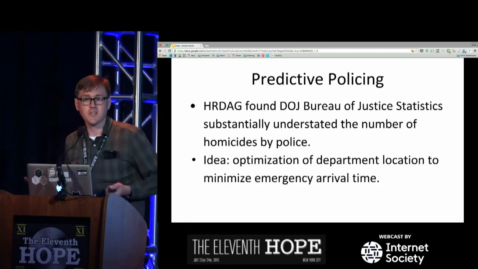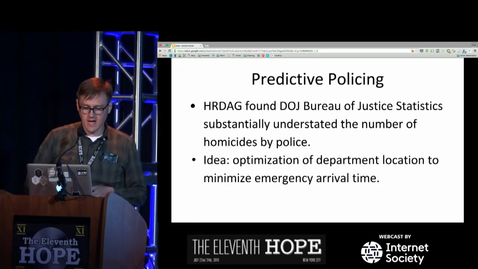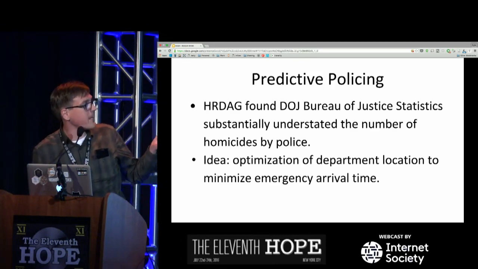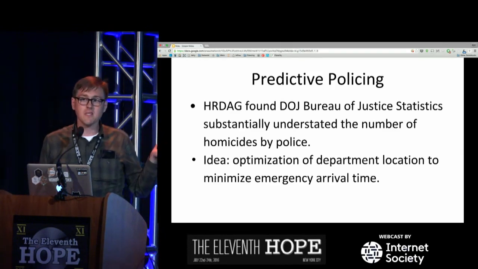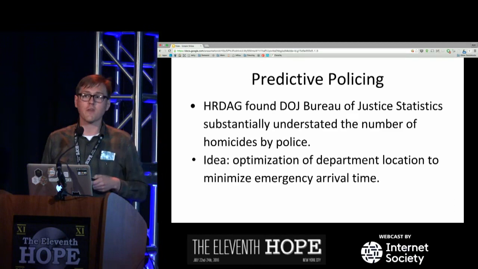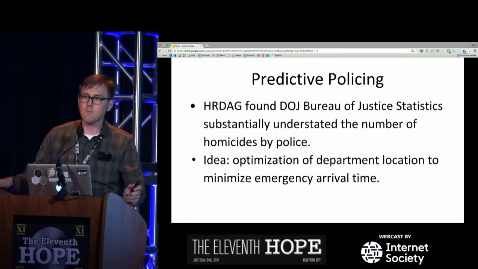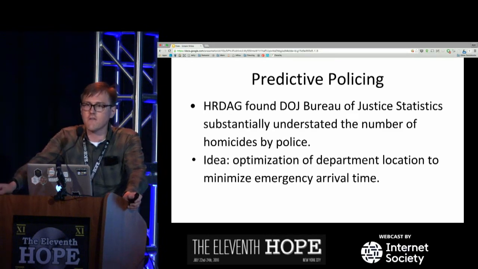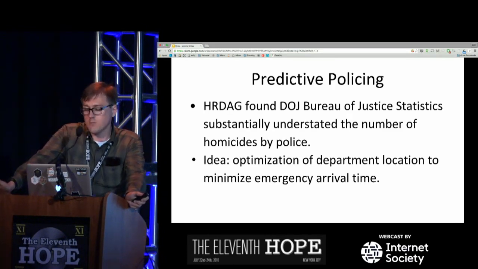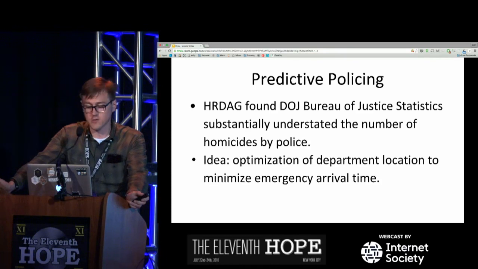For example, predictive policing is a big topic. I recently interviewed a woman named Christiane Lum who works for this organization, HRDAG. They found errors in the DOJ's reporting of homicides by police. The DOJ was underreporting those. More in general, they're looking at predictive policing when people are trying to use machine learning to discover maybe where police should be deployed or who is a good suspect or not.